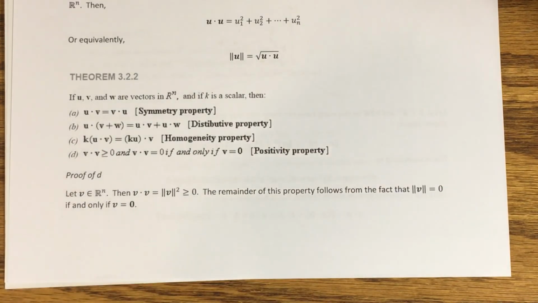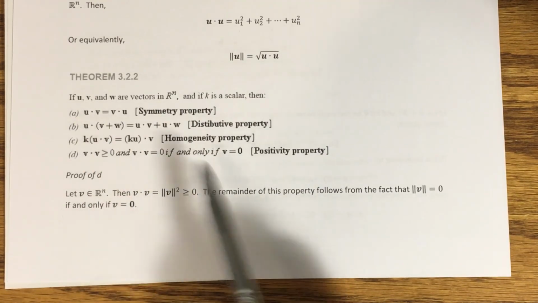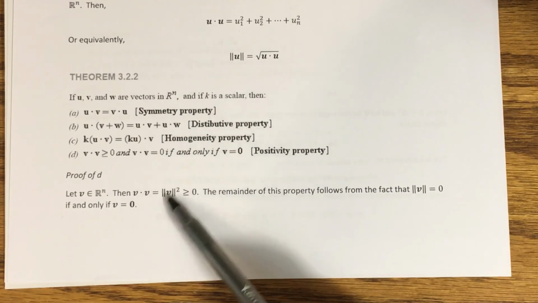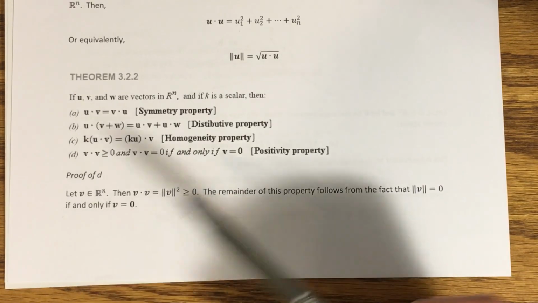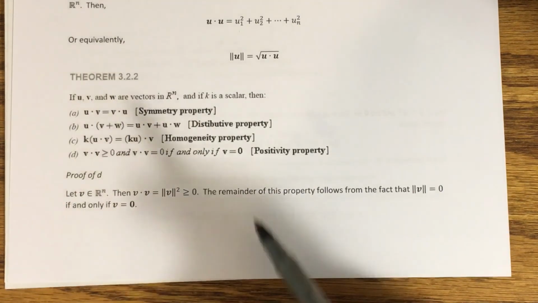We'll prove D, but we've actually kind of already done that because this is very similar to the proof that we've done previously. If you let v be a vector in Rn, then what is the dot product of v with itself? Well, what we just showed is that it would be the norm of v squared. The norm is already a non-negative number. Squaring it is still going to keep it a non-negative number, so that would make it greater than or equal to 0 automatically.